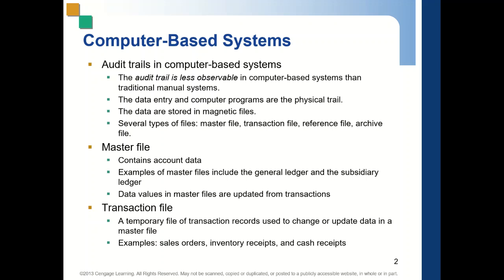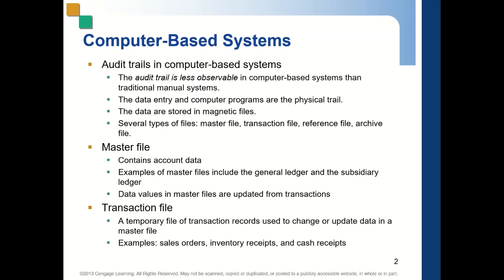So even in the context of computer-based systems, the idea of an audit trail is still paramount. Of course, in this context, it will be less observable, but we still have to be able to do it.